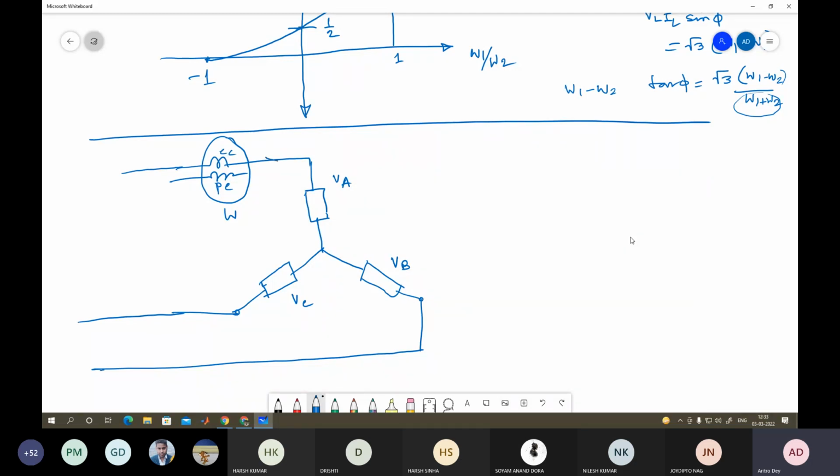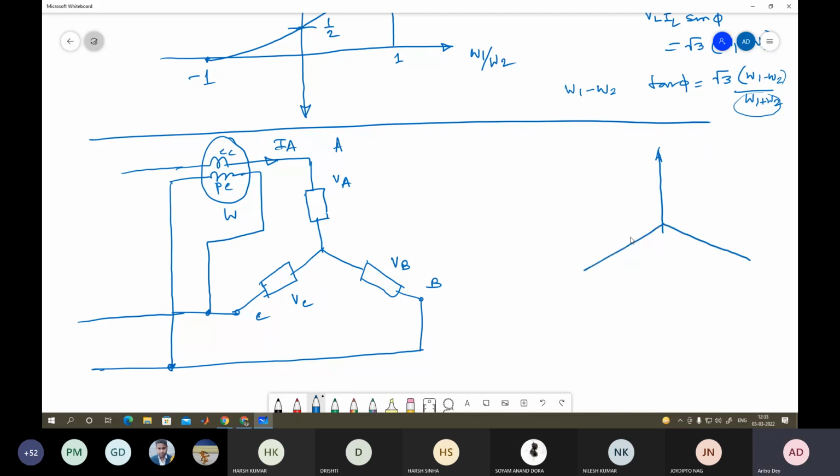So you are actually measuring your IA, and your pressure coil you have connected between B and C. So you are measuring VBC and you are measuring current IA. Then let us see what you will find using this wattmeter.